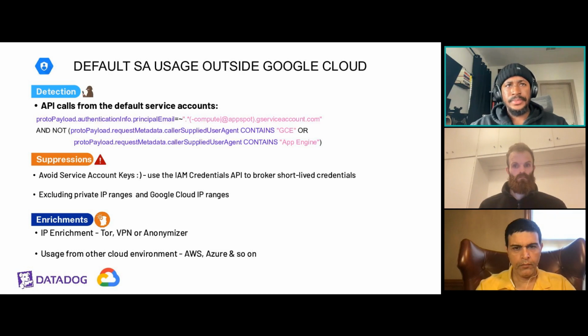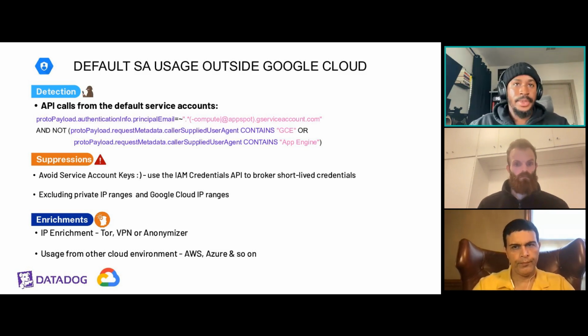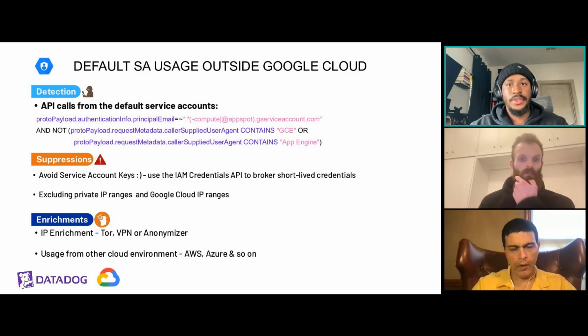Also bear in mind that, of course, this might seem malicious, but there are also legitimate use cases where these service accounts are legitimately being used from outside of a Google Cloud environment. So you might want to look into different ways by which you can suppress specific IP address ranges or even Google Cloud's IP address ranges to increase the fidelity of this activity if it's actually malicious. You can also look into ways to enrich it.